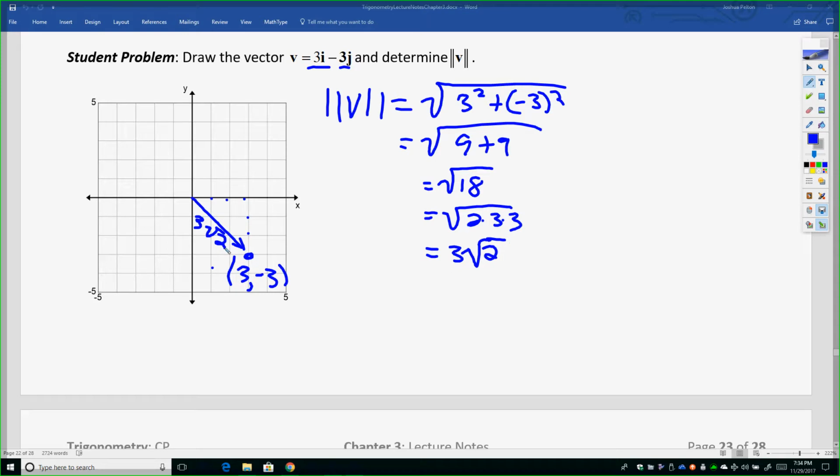Okay, so that's the basic components of a vector. But here's the problem. All of those vectors are starting from an origin 0, 0. If we were going to do longitude and latitude, and take a plane from Dallas to Chicago, or Chicago to Atlanta, none of those start at 0, 0. They start at some location to some location, from point A to point B, or point B to point A, whatever the case may be.